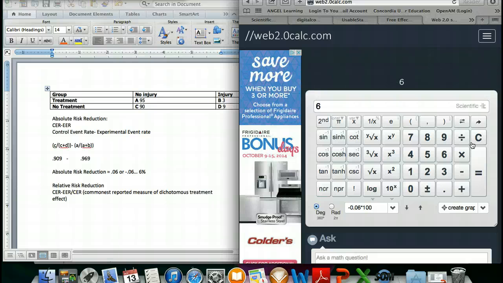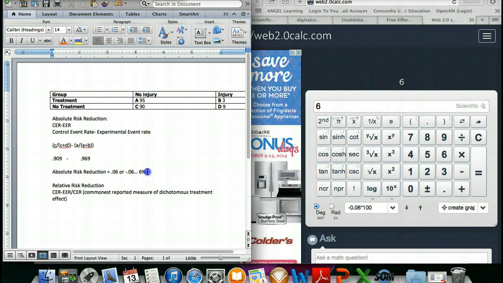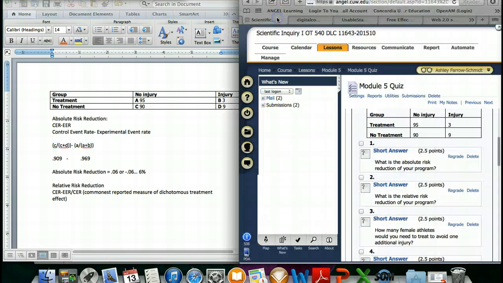This equation doesn't change. These boxes never change. So when you're asked to calculate absolute risk reduction, this is essentially what you are calculating. Now, let's keep going.